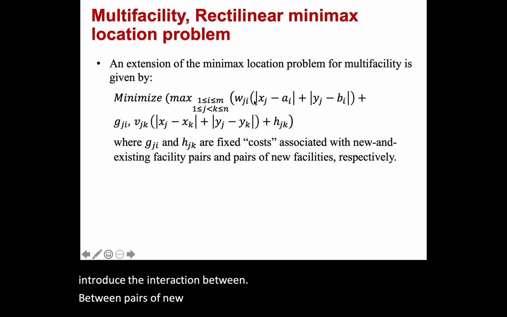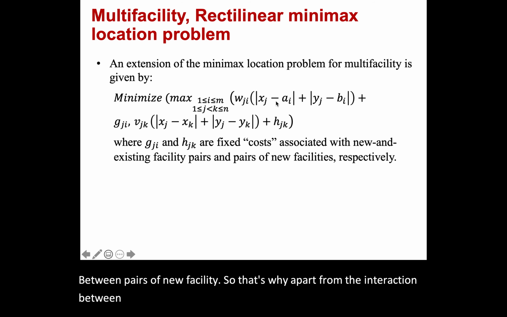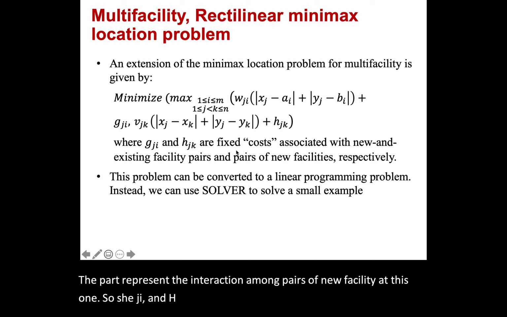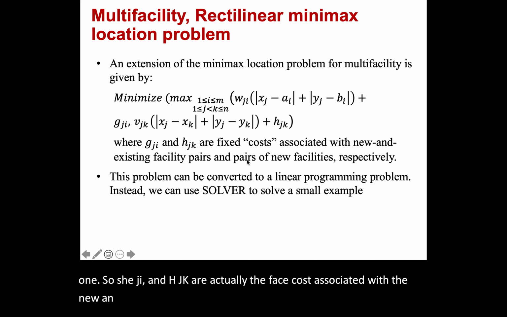So that's why apart from the interaction between the new facility and existing facility, we also have the part representing the interaction among pairs of new facilities at this one. g_ji and h_jk are actually the fixed costs associated with the new and existing facility pairs and pairs of new facilities.